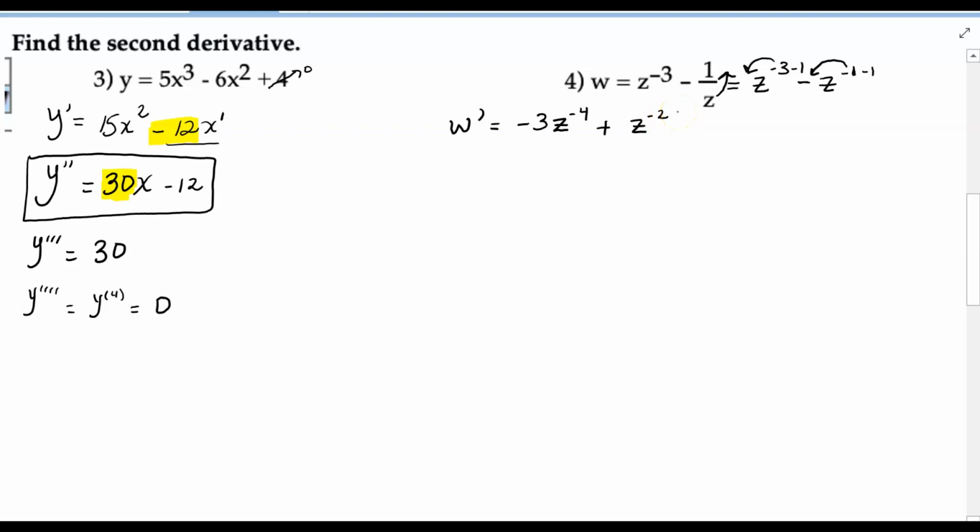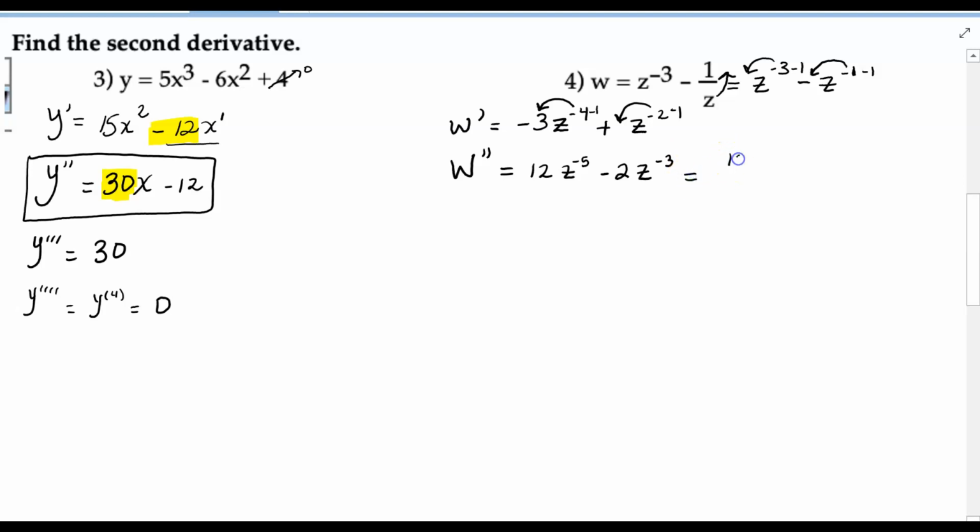We're still not done, so don't write it with positive exponents yet, because we need to find the second derivative. We multiply that negative 4 down by negative 3, we get a positive 12z, minus 1, negative 4 minus 1, negative 5, and then the negative 2 gets multiplied down. So we have a negative 2z, and then subtract 1, that's negative 3. So that right there is our second derivative.